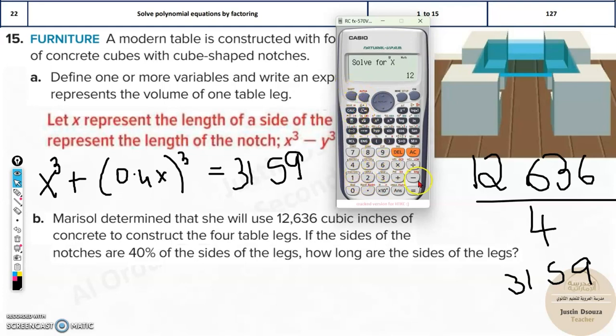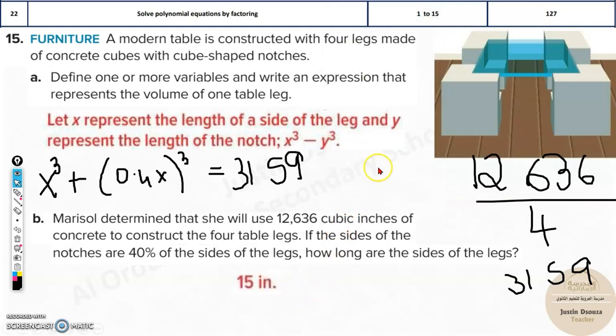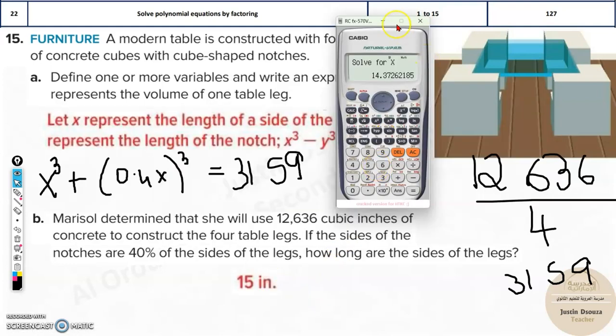Shift and solve, and you must get the answer, which is 15.19. It's very close, and you can't take half or something, so approximate it, because you can't take less concrete. If you take 14, it would be an error, because whenever you're constructing something, you would rather take more than less. So this would be the most appropriate answer, but the exact one is here.